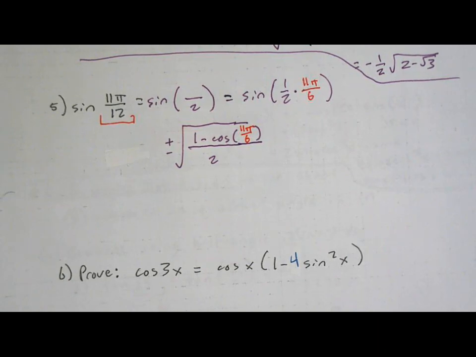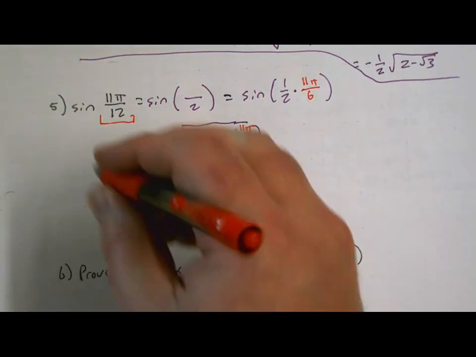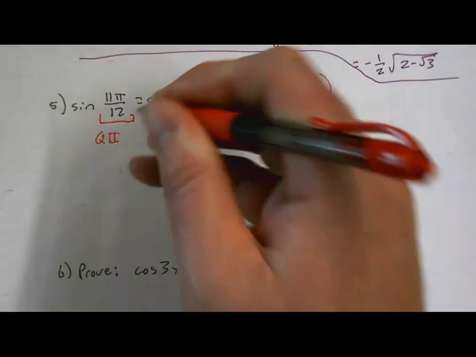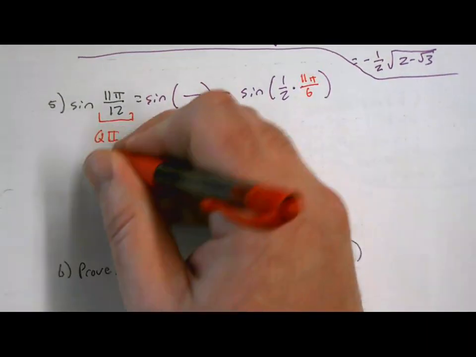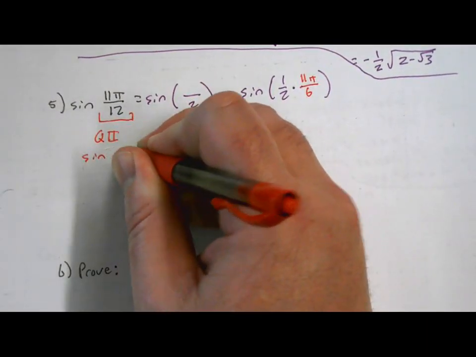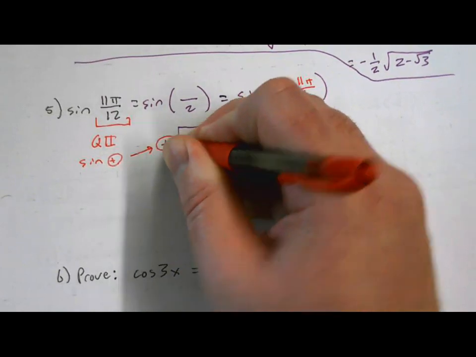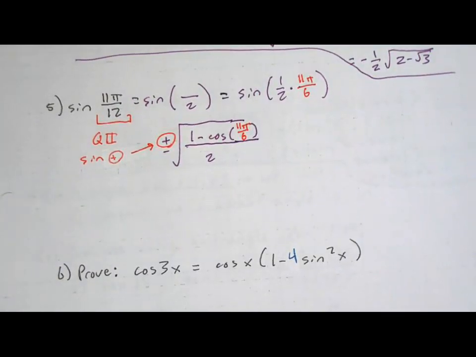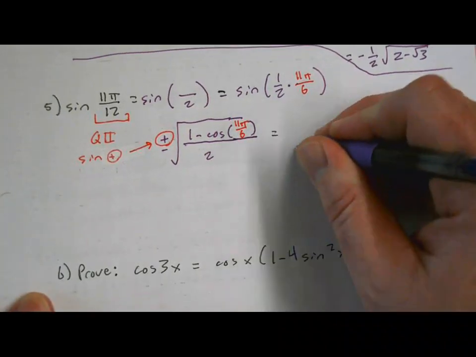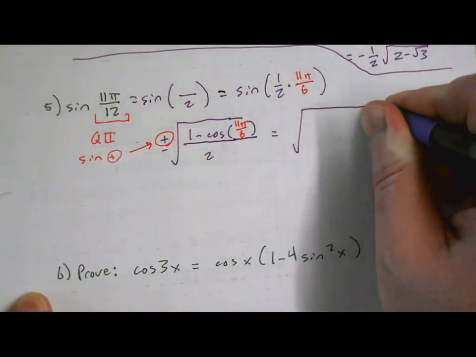So quadrant 2. And is sine positive or negative in quadrant 2? Sine's positive in quadrant 2. So we're going to use the positive version of this one. So we're doing a positive, leaving the negative out.